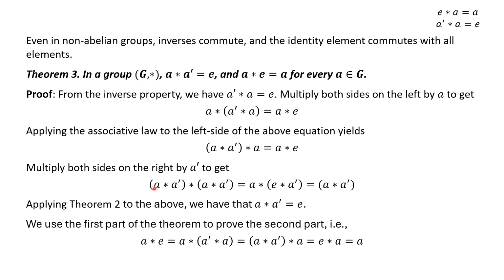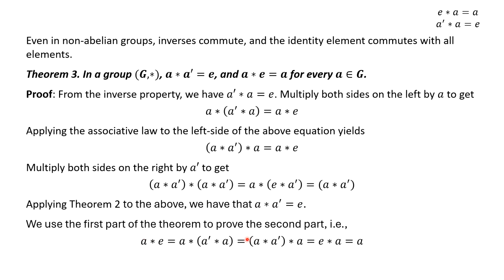You notice we have the same term here, here, and here. We proved in theorem 2 that if you have an element of the group times itself equaling that same element of the group, that has to be the identity. So this thing here, A times A inverse equals the identity, which is what we wanted to prove. Then the second part is even easier because we can make use of this here.